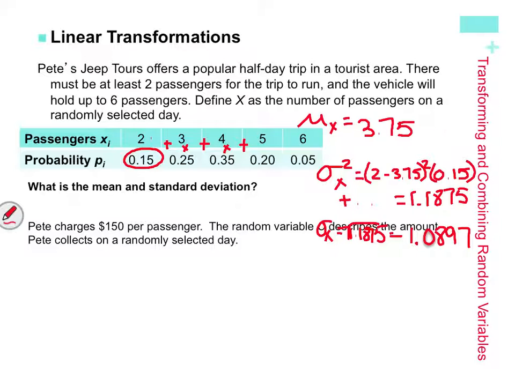In order to know this, I have to know how much money he's charging. So let's suppose he charges $150 per passenger, okay? So for the total money collected, let C equal the amount of money collected on a randomly selected day.